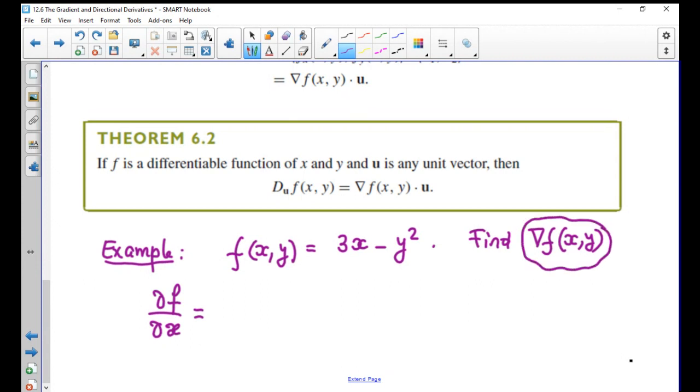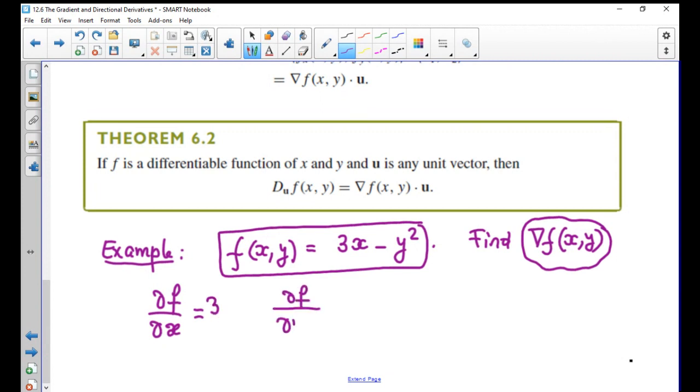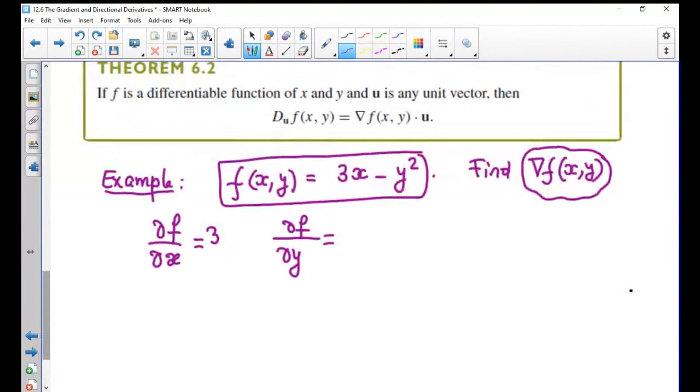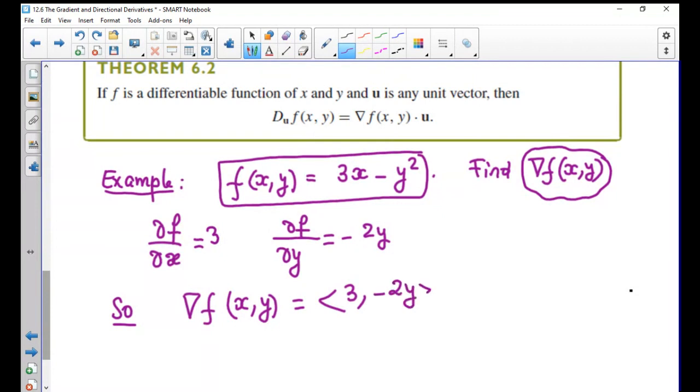So df over dx for our function here is 3. And df over dy is minus 2y. So that means the gradient of our function f at any point (x, y) is going to be the vector (3, -2y).